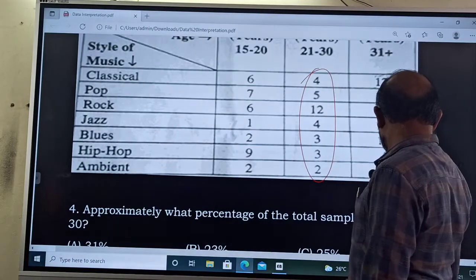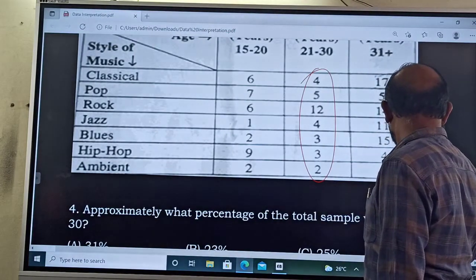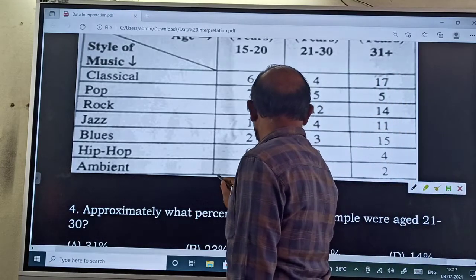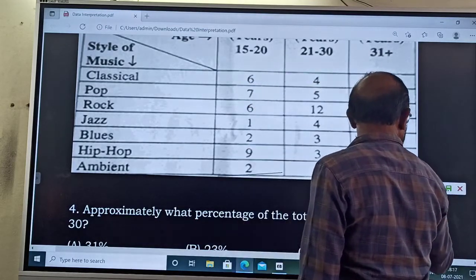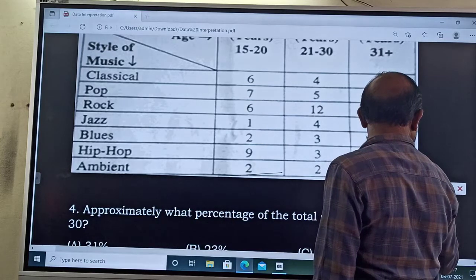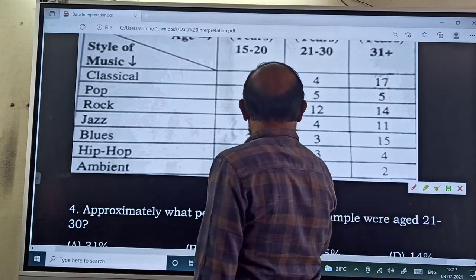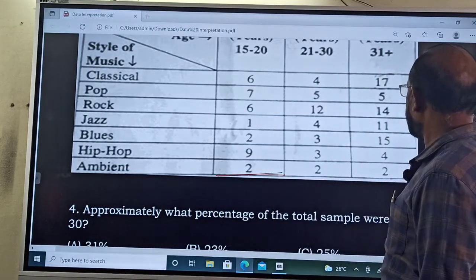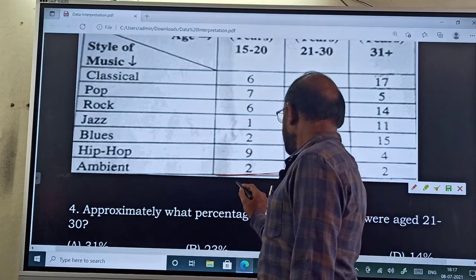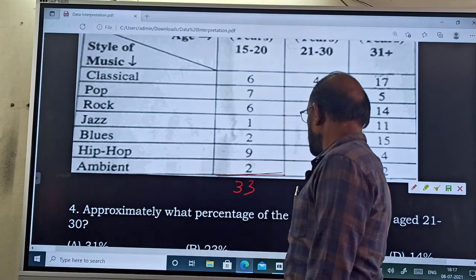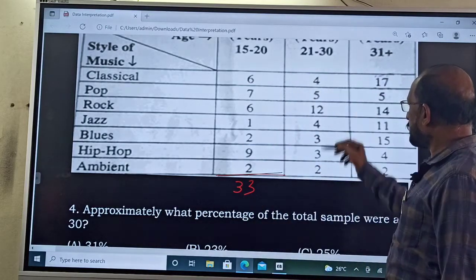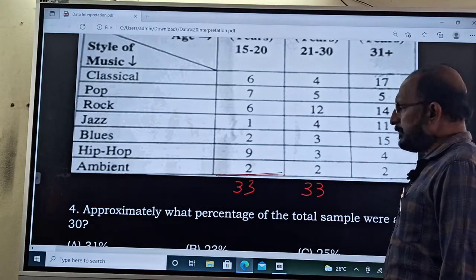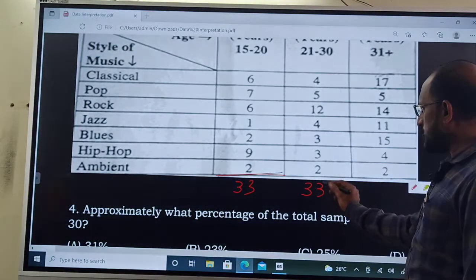We have to make the total. What is the total of the first one? 33. Then 25, 31, 33, 68. This also 33.